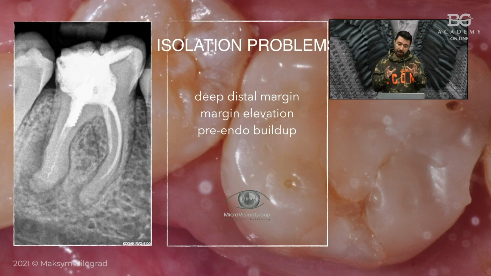So let us check. This is the checklist of actions and problems that we have before we start endodontic treatment. We have a deep margin, and probably we will do deep marginal elevation, and we will have some problems with isolation in such cases when you have a deep margin. You can see on this slide that the filling itself is very close to the bone level here, so the isolation will not be easy.